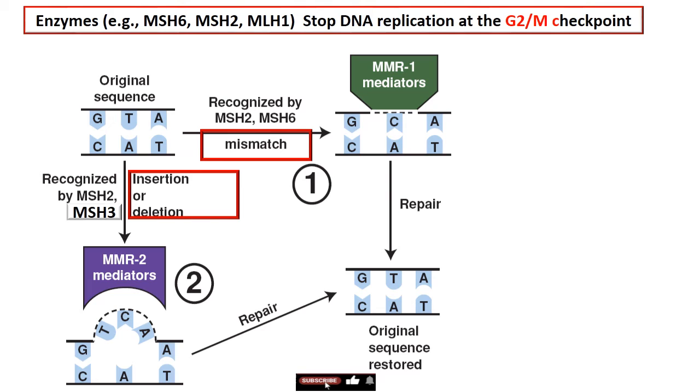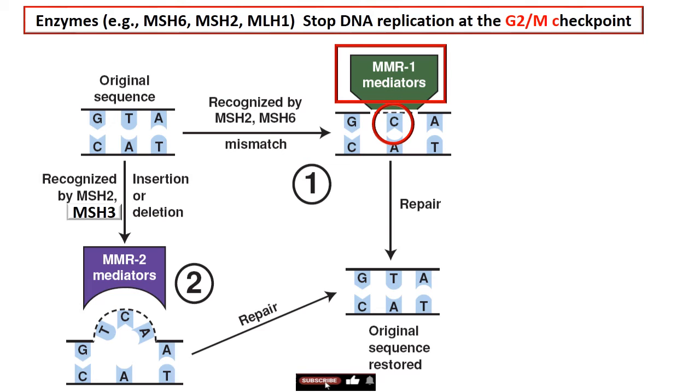When there is a mismatch from the original sequence during DNA replication, that is recognized by MSH2 and MSH6, and the mismatch repair 1 mediators are activated that repair this defect and the original sequence is restored.